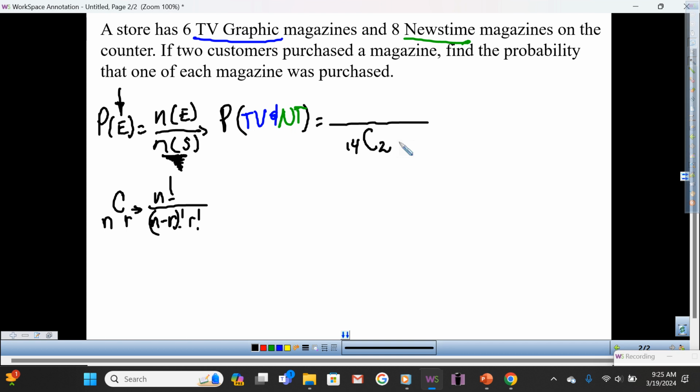All right. However, at the top is the selected items. So, how many TV Graphic do we have? 6. And how many are they going to purchase out of that? 1. So how would we write that for TV first? Because that's the first part that we're doing.